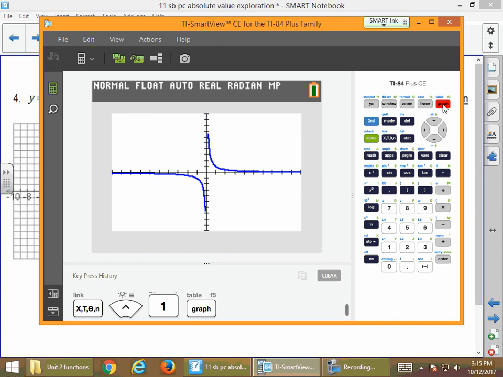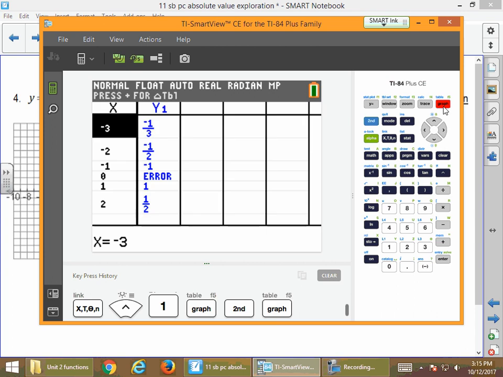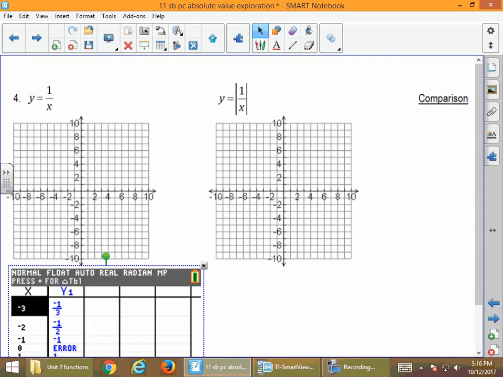Eventually we want to be able to draw these without a calculator. But we're exploring. We're trying to figure out the pattern when we're graphing an entire function we're taking the absolute value of. And I will draw the picture, but I'm going to take the table here and put it underneath so we can see that.